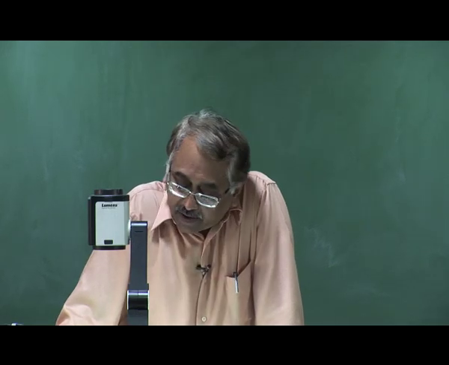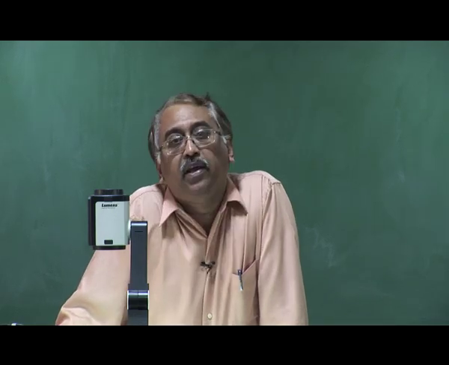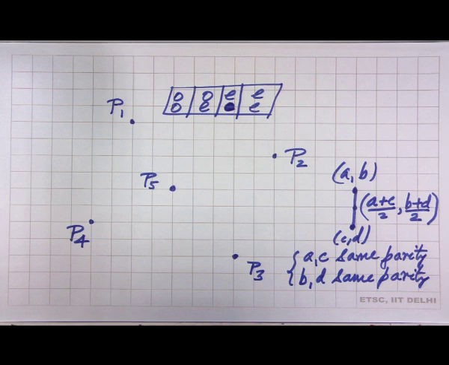So for example, the second and the third boxes are different. O and E is different from E and O. So the point P1 goes into the box O comma O if both its coordinates are odd integers. It goes into the box O and E if the first coordinate is odd and the second is even, and so on and so forth.